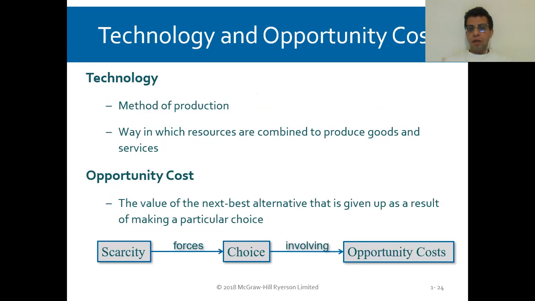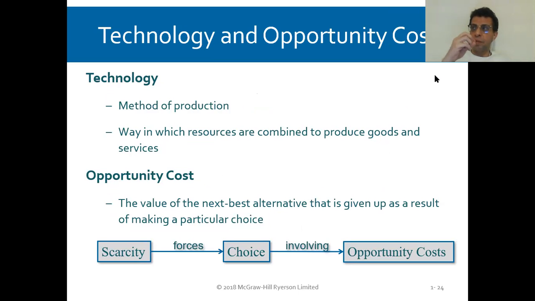So, the technology and the opportunity cost. Let me say one thing here. When you talk about technology in economics, it doesn't mean IT. It means a method of production, the technology of how to produce.